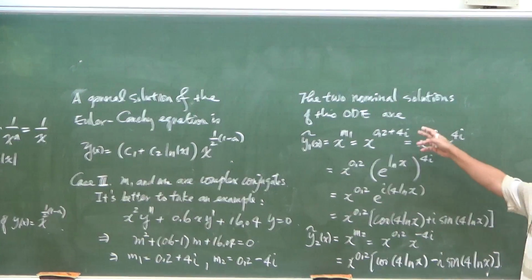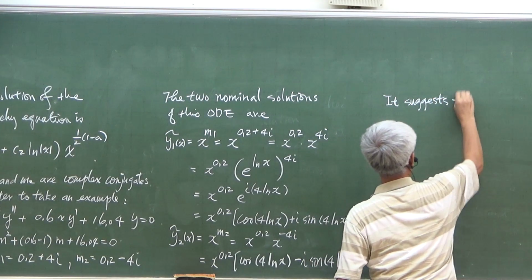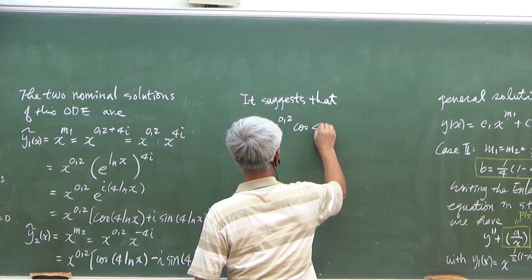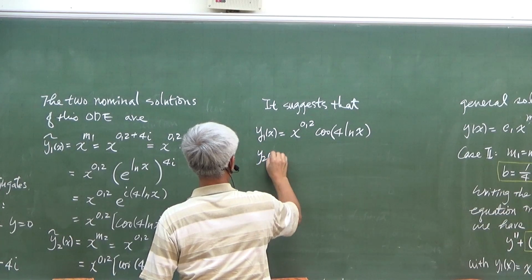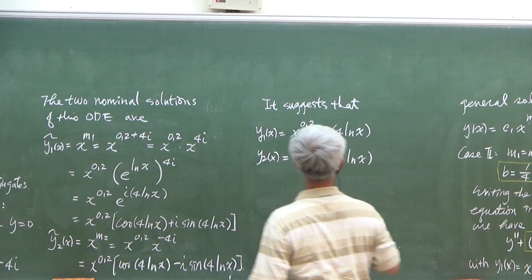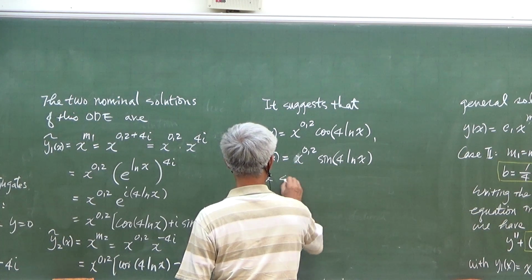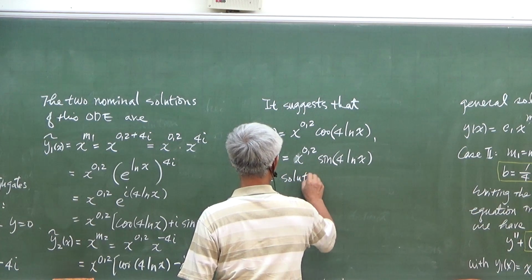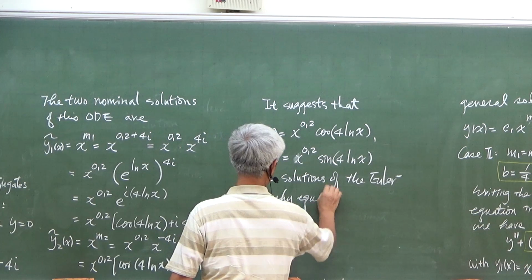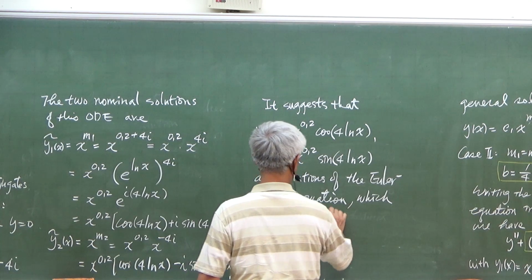Now, from these two nominal solutions, it suggests that y1(x), which is equal to x to the 0.2 cosine of 4 ln x, and y2(x), equal to x to the 0.2 sine of 4 ln x, are solutions of the Euler-Cauchy equation, which are linearly independent, of course.